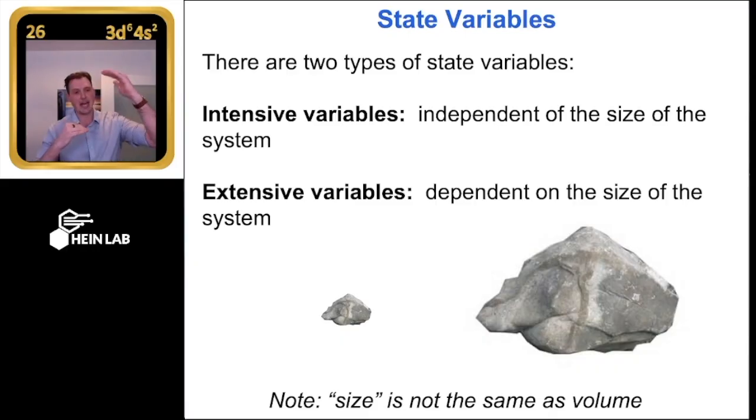But if we take mass per volume, density, that is now intensive. Because what we're doing is we're saying that the weight per some amount of volume actually has this ratioed property, which is now intensive. It doesn't depend on the size of the system because it's ratioed against the size of the system. This is another common thing that you'll see to help you sort between these two.